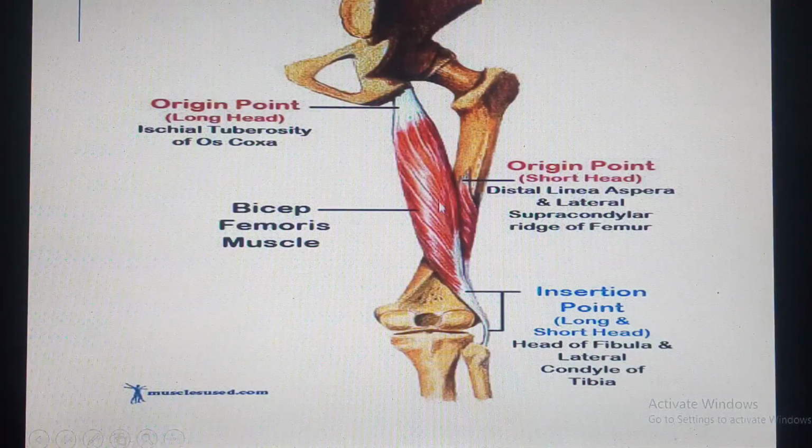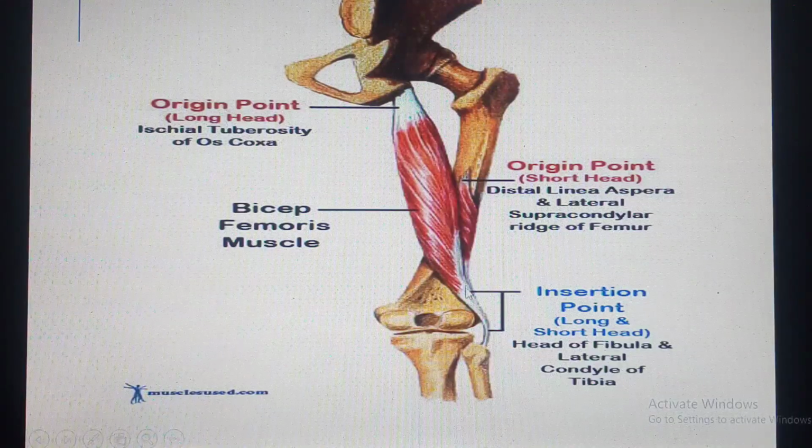Then it runs inferolaterally, crossing distally where we have the lateral condyle of the tibia, to insert on the superior aspect of the head of the fibula. So that is what we find with the long head of the Biceps Femoris.